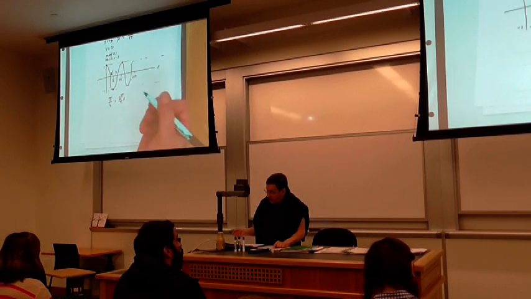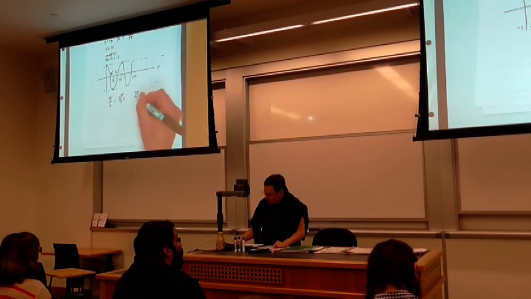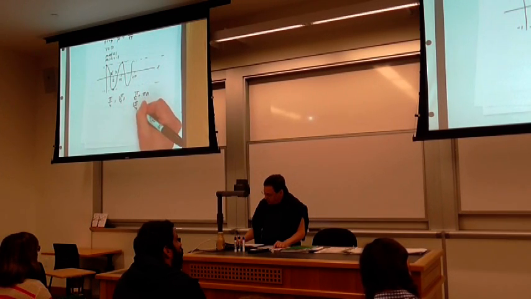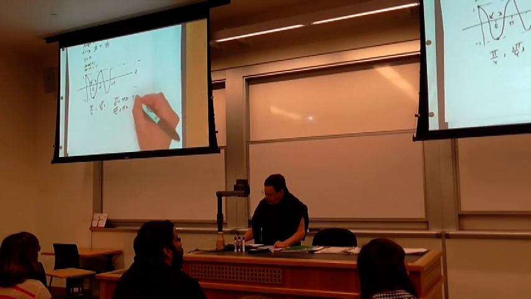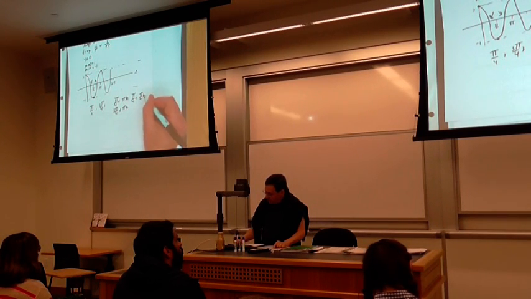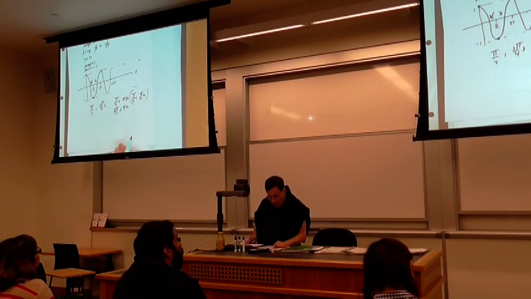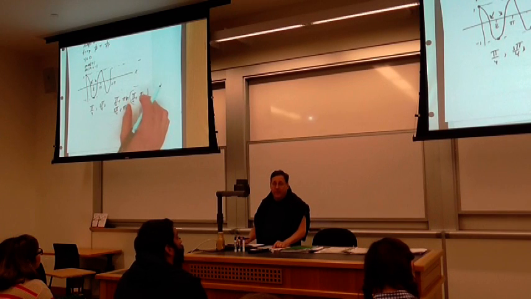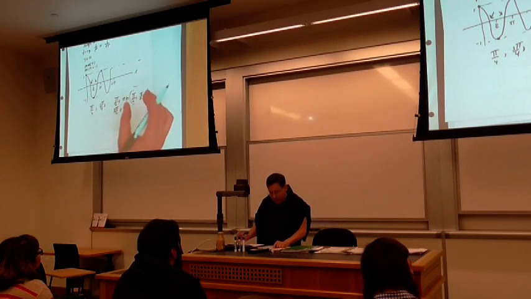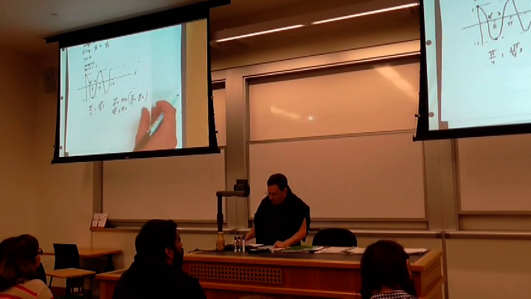I guess since we know the period is pi, we could say pi over 4 plus pi n and 3 pi over 4 plus pi n. Probably can coalesce those. It's probably pi over 4 plus pi over 2 n, and that'll hit all of them, where n is an integer. By the way, I'm not expecting such a precise and complete answer, but you know, we're trying to get a feel for this.